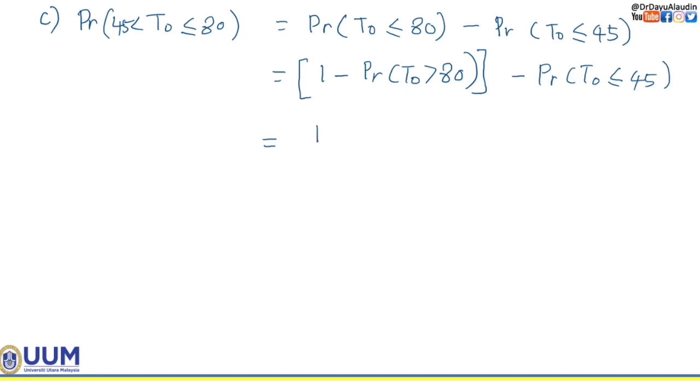So 1 minus 0.2 minus 0.45. So we get 0.35.